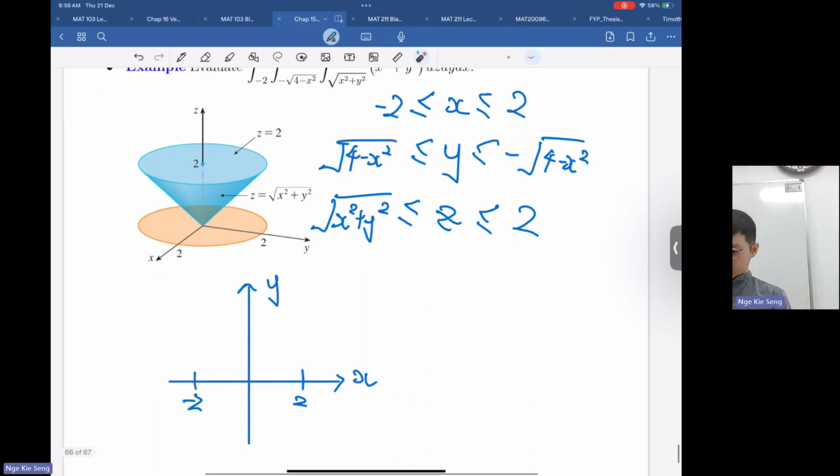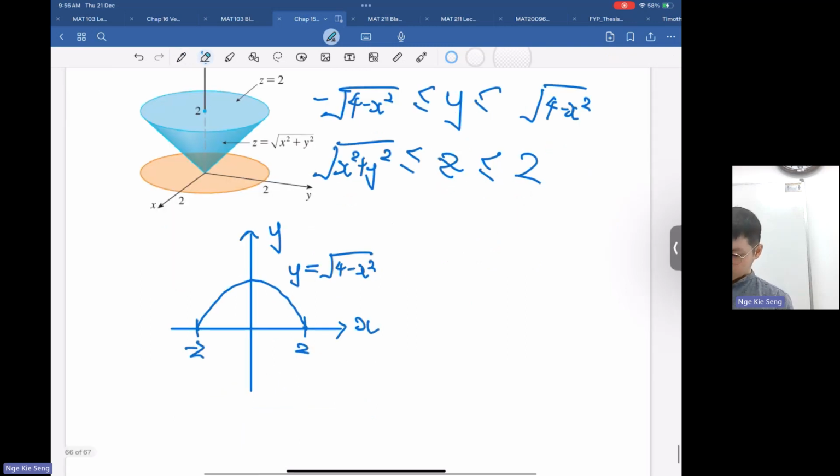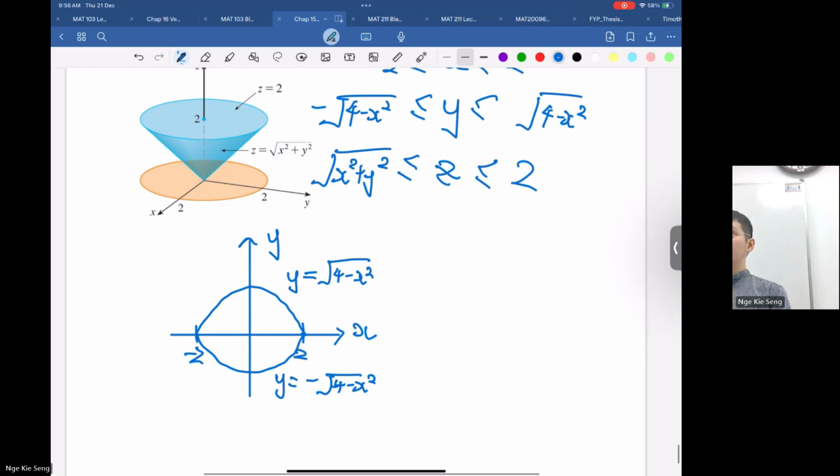So it is actually this part here. Here is y equals square root of 4 minus x squared. Change the sign, so the bottom here is minus the square root of 4 minus x squared.